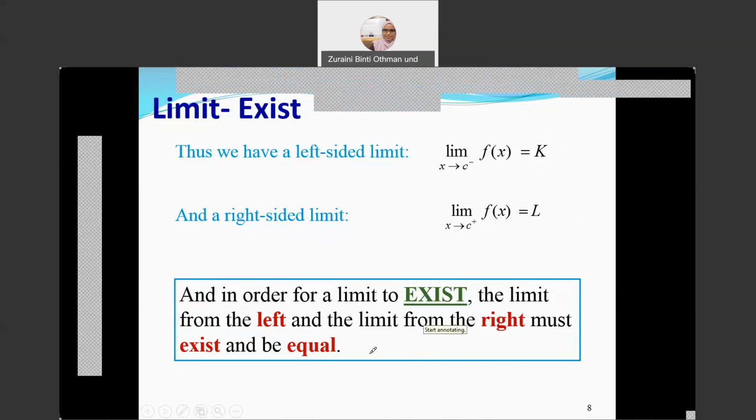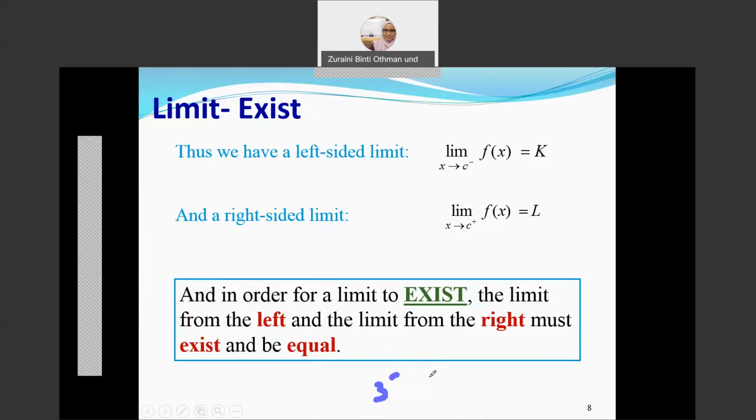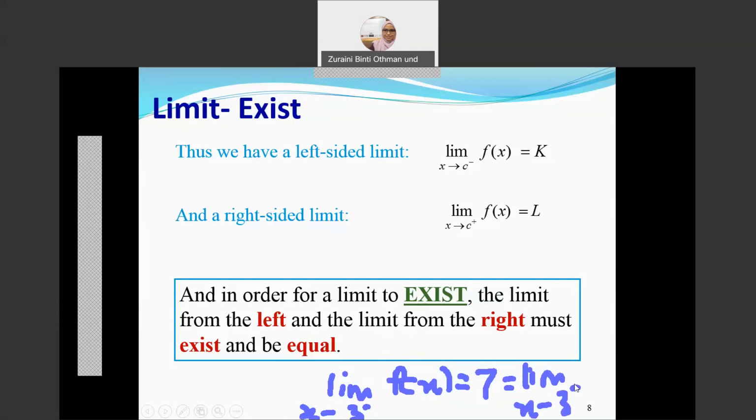Okay, maksudnya kalau dia exist bermaksud dia contohnya daripada 3 sebelah kiri, okay, limit x menghampiri 3 contoh sebelah kiri, fx sama juga dengan 7 for example, and this value also same for limit x menghampiri 3 plus fx daripada sebelah kanan.